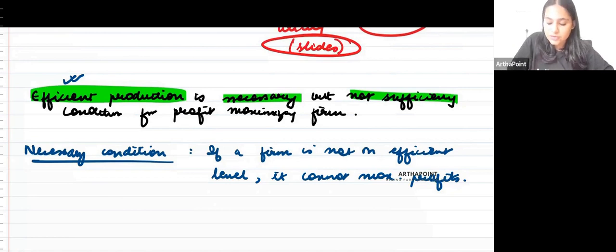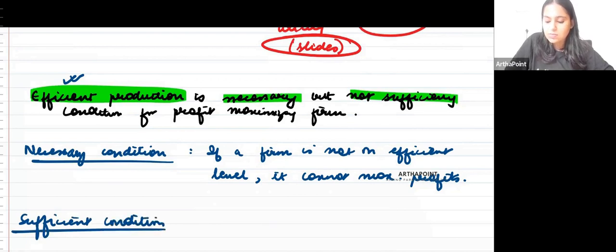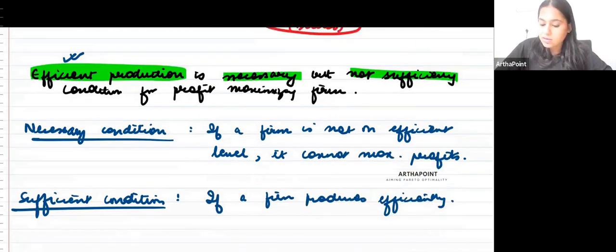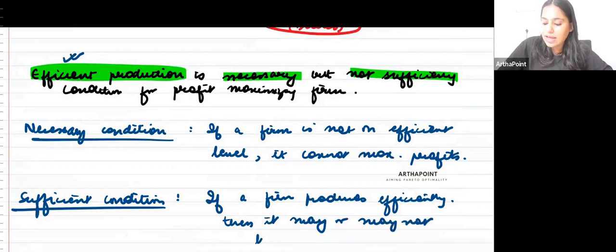But what does the sufficiency condition say? The sufficiency condition says: let's assume that the firm is on the efficient level. If a firm produces efficiently, then it may or may not have maximum profits.